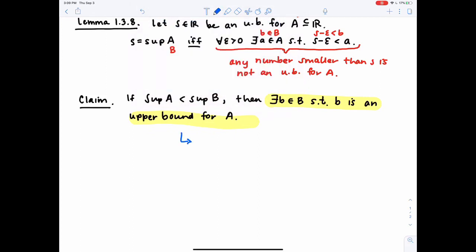What that really means is we want b in B such that for all a in A, a is less than or equal to b. That's what it means to be an upper bound for the set A.